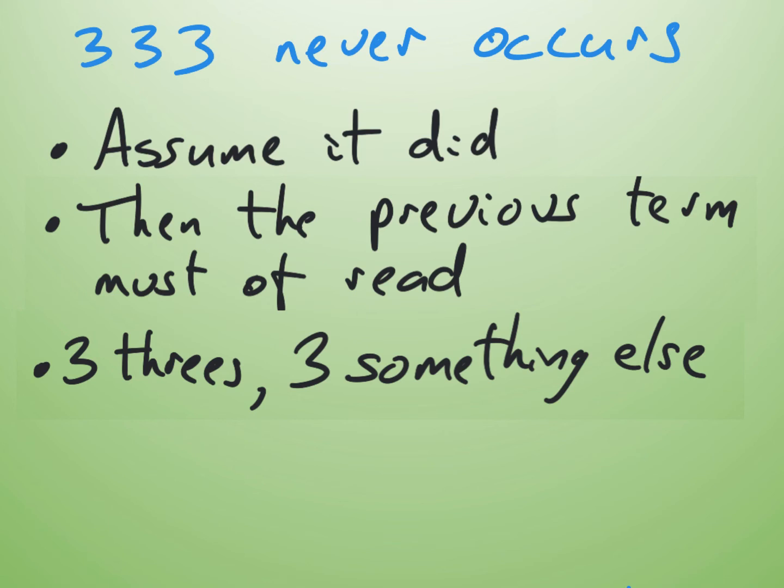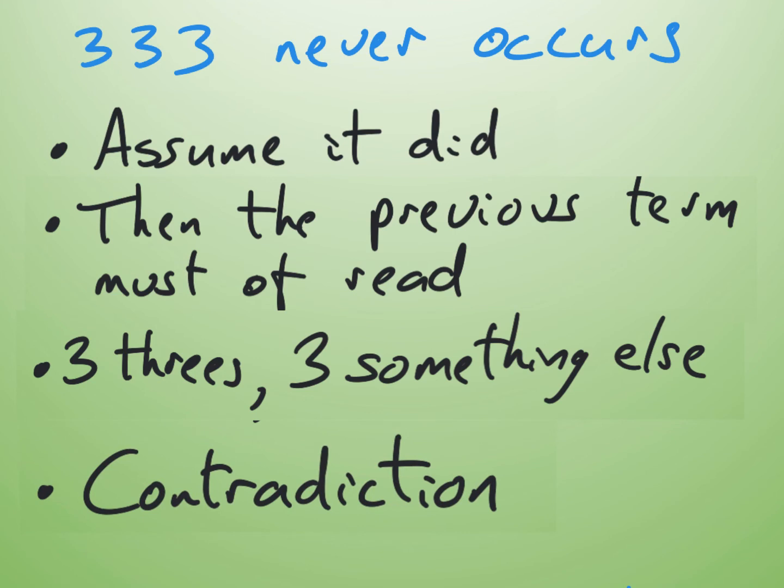Well, if you've got 3 3s and 3s of something else, you've contradicted the previous statement that 333 doesn't occur. So that's a proof by contradiction that 333 can never spring up in these sequences.